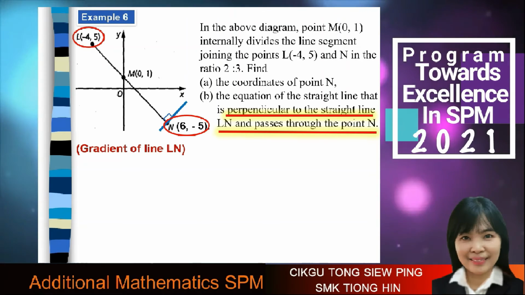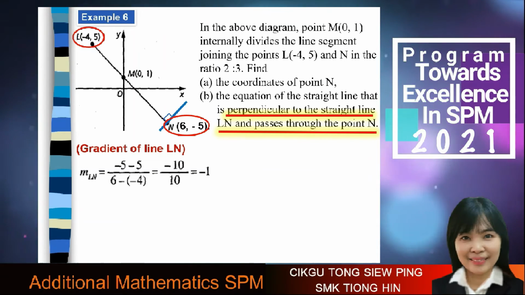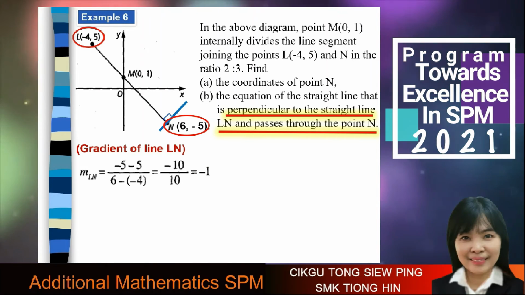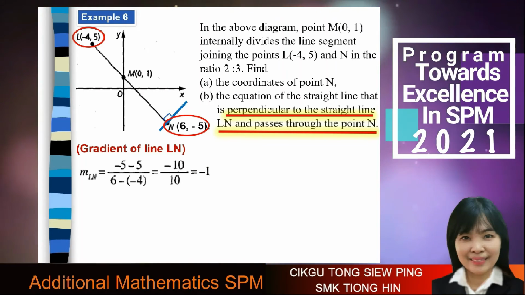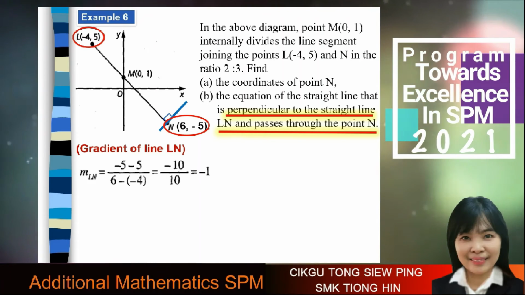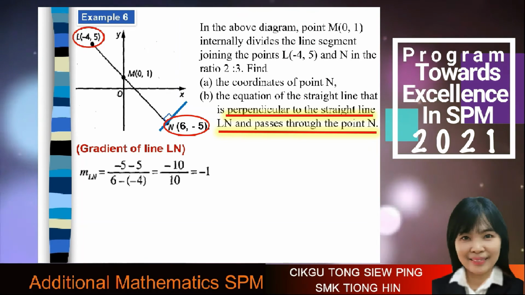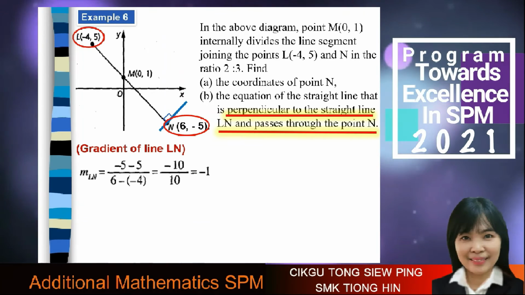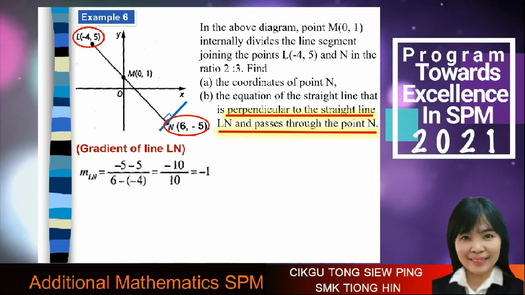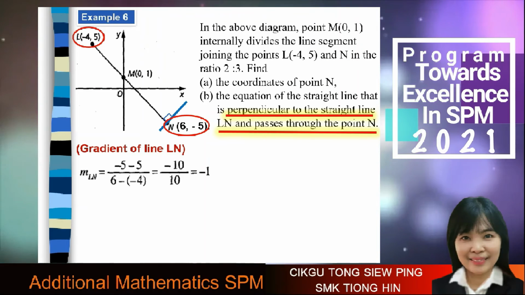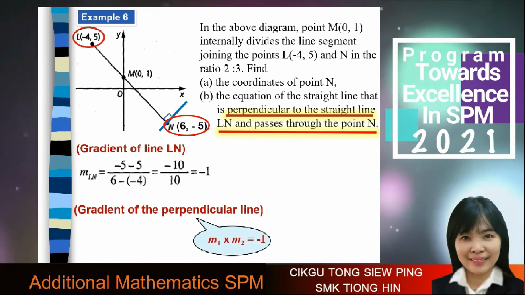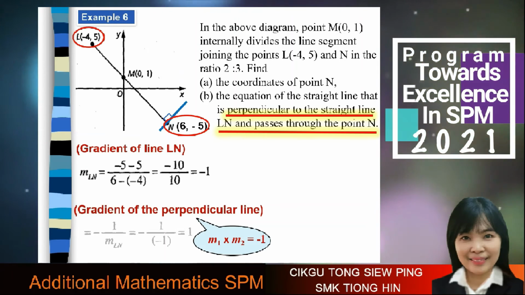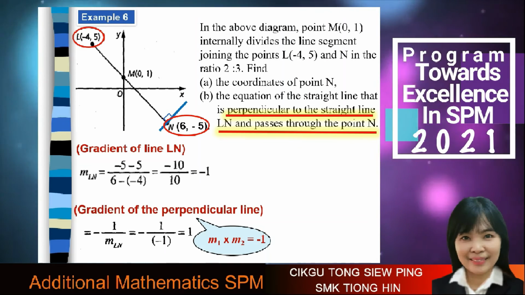That is, negative 5 subtract 5 divided by 6 subtract negative 4, that's equal to negative 1. Since these two lines are perpendicular to each other, therefore, m1 multiplied by m2 equal to negative 1 can be used here. So we know that the gradient of the perpendicular line is equal to 1.